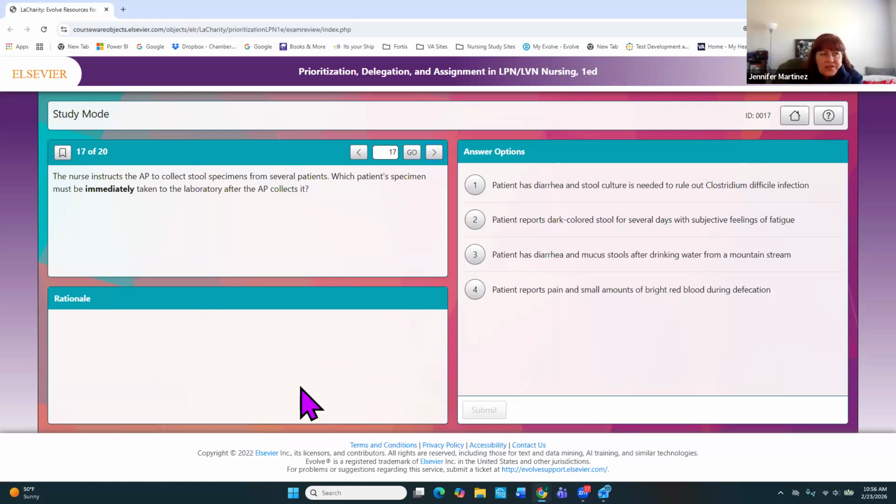Two, the patient reports dark colored stool for several days with subjective feelings of fatigue. Three, the patient has diarrhea and mucus stools after drinking water from a mountain stream. Or four, patient reports pain and small amounts of bright red blood during defecation. So which one of those needs to be sent immediately to the lab after the sample is taken?